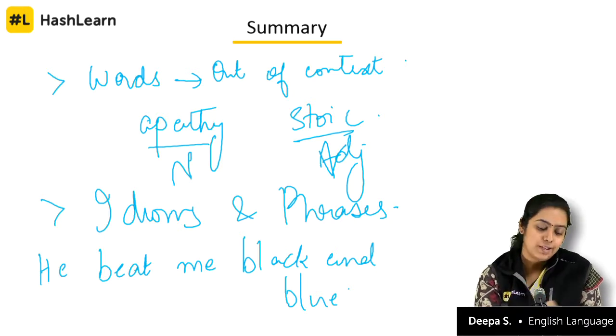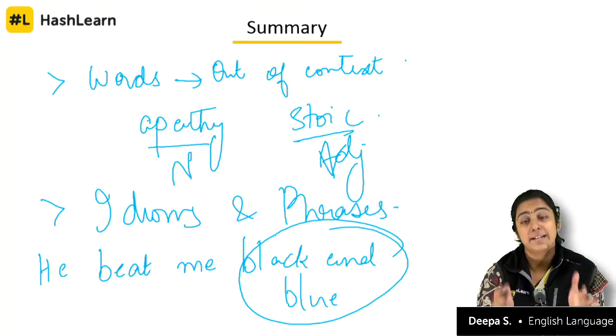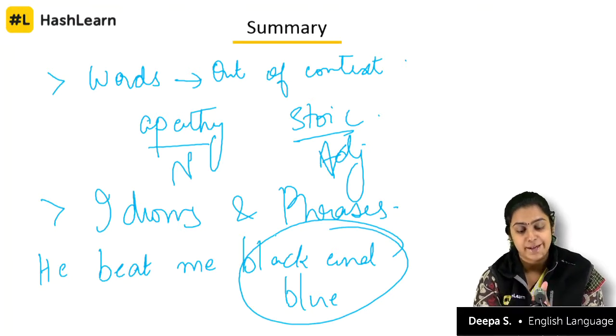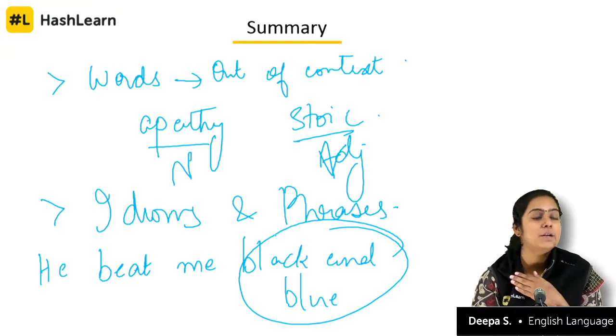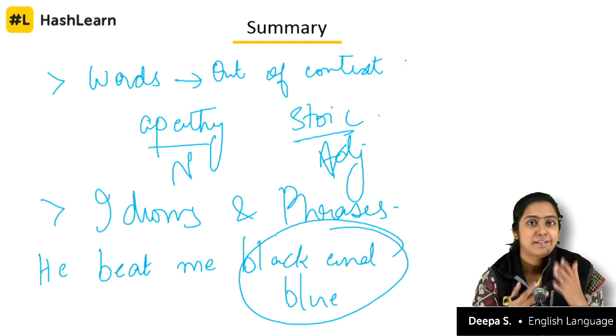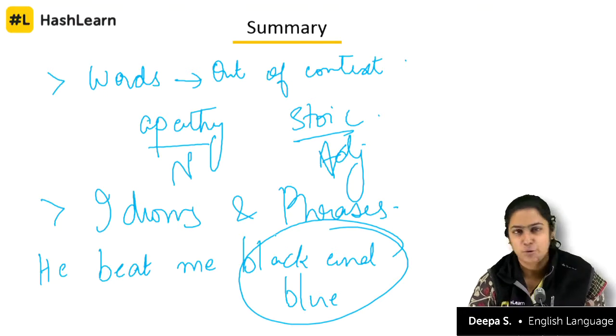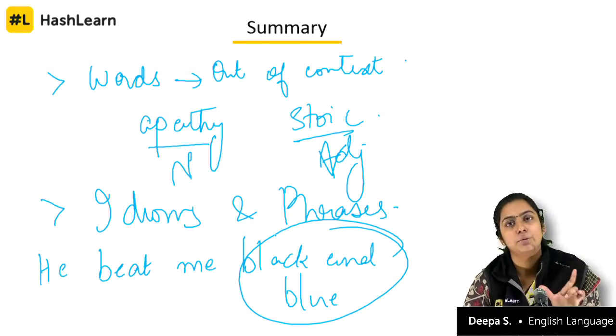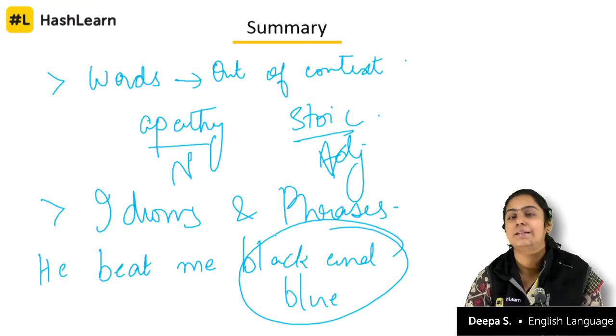Black and blue is an idiom, a phrase. It means someone beat me up so badly that I'm so bruised, that all my bruises are blue, black, whatever. Black and blue means you've been beaten very badly.